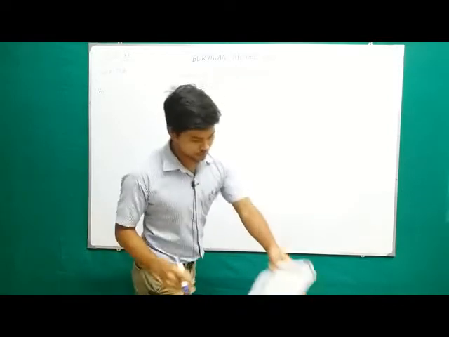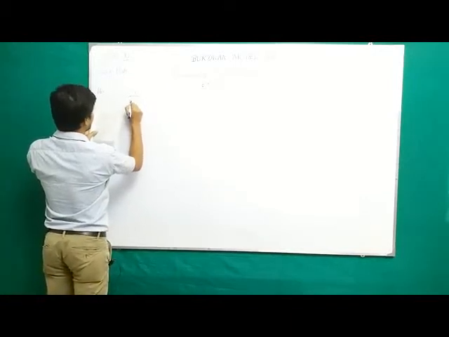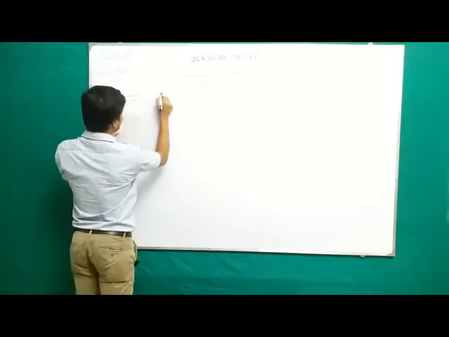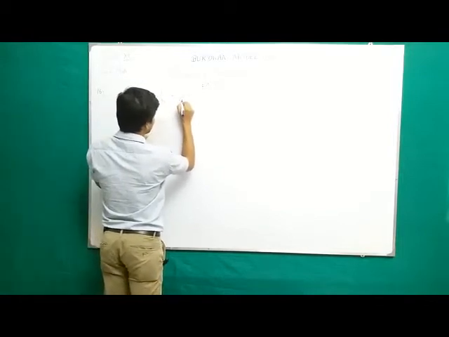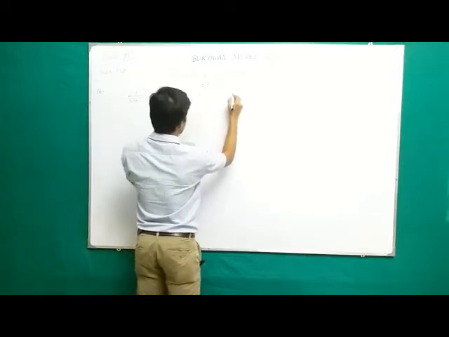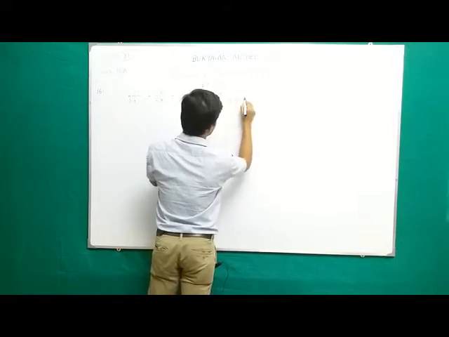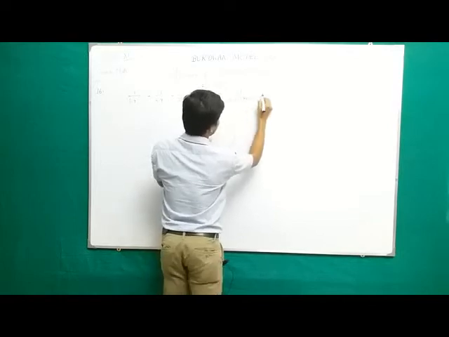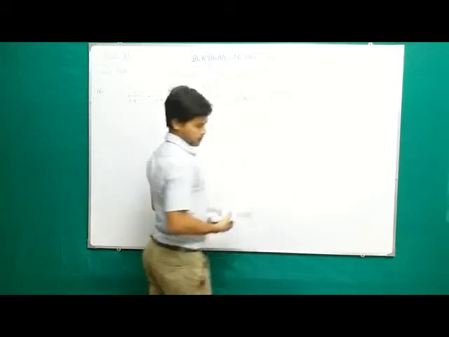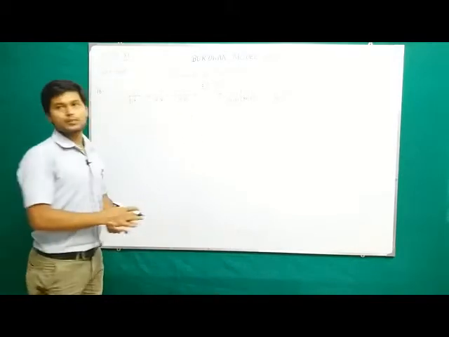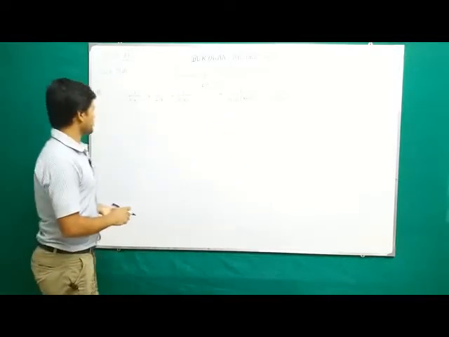Using the principle of mathematical induction, we have to prove 1 upon 1 into 4 plus 1 upon 4 into 7 plus 1 upon 7 into 10 plus ... plus 1 upon (3n minus 2) into (3n plus 1) is equal to n by (3n plus 1). So what we have to do?